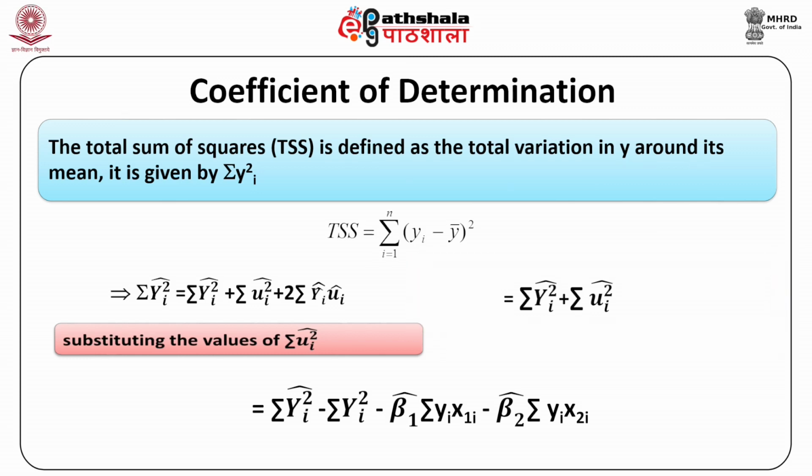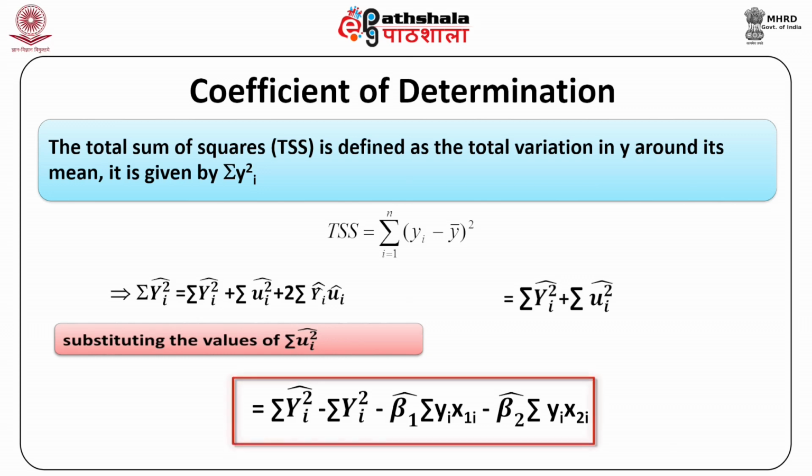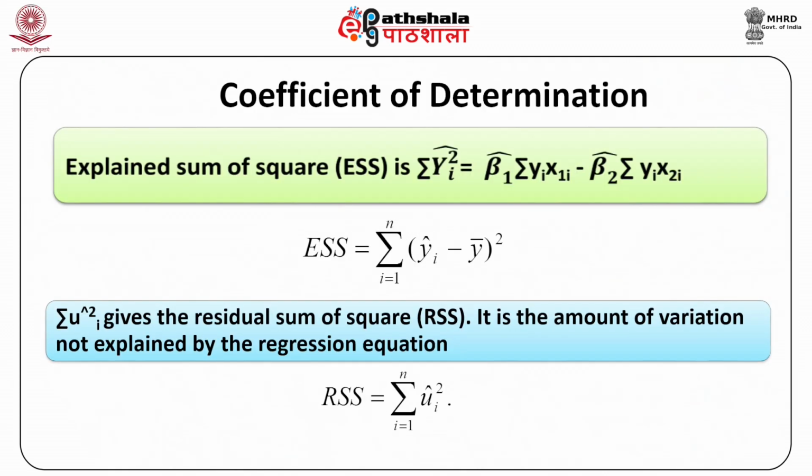On substituting the values of sigma u hat squared i, we have sigma y hat squared i plus sigma y squared i minus beta hat 1 sigma yi x1i minus beta hat 2 sigma yi x2i.